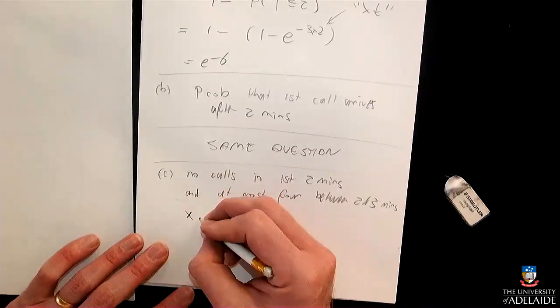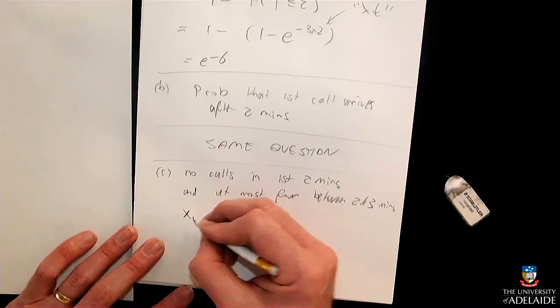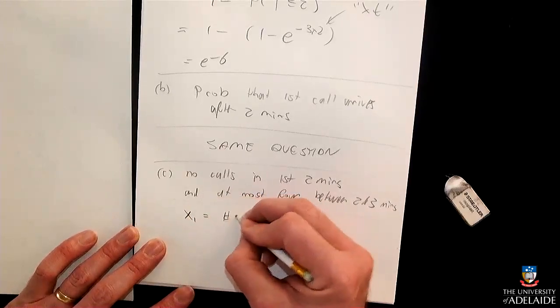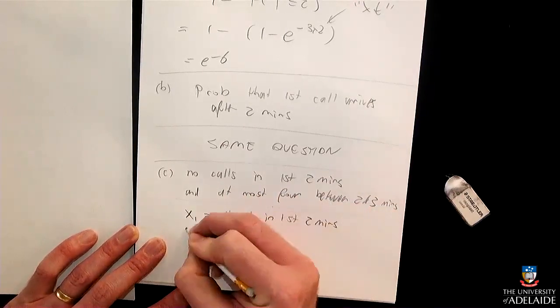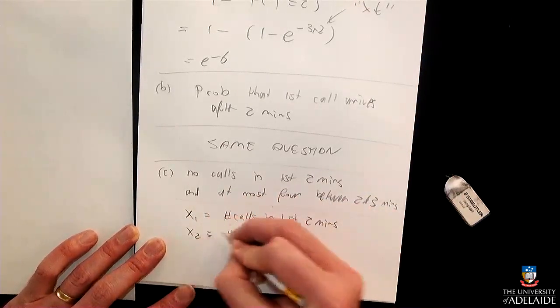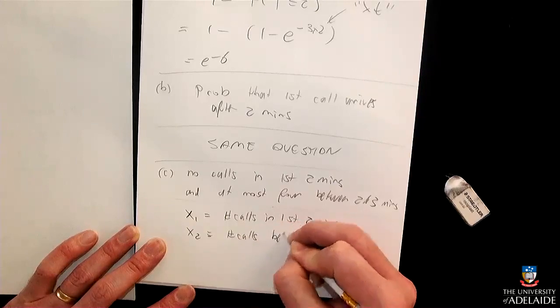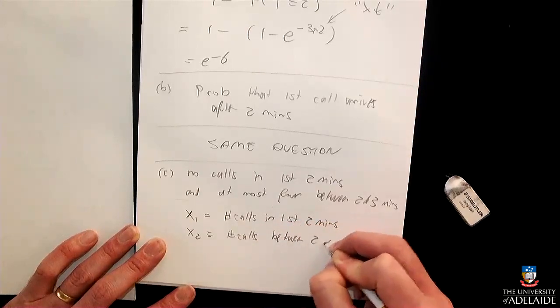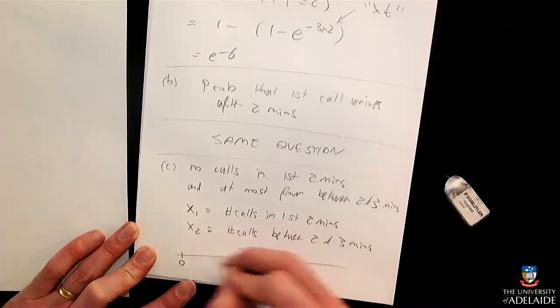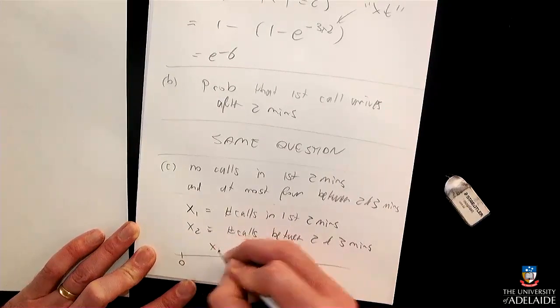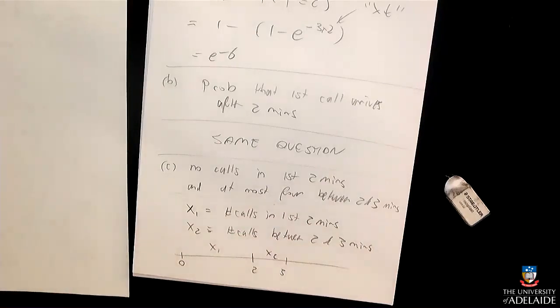Let x1 be the number of calls in the first 2 minutes, and x2 be the number of calls between 2 and 3 minutes. So this is the idea here. There's 0 to x1 is the number here and x2 is the number here.